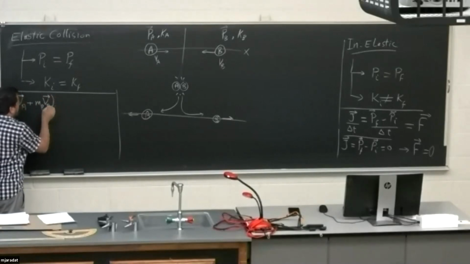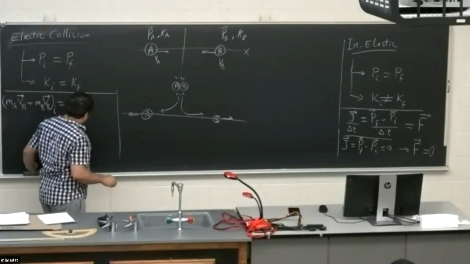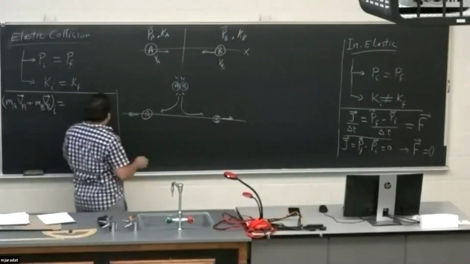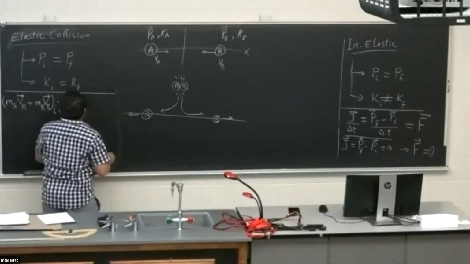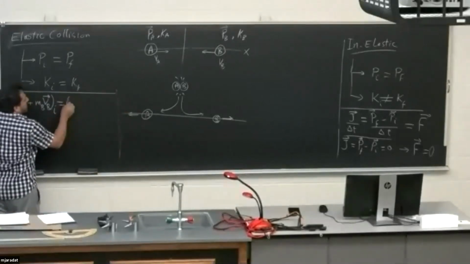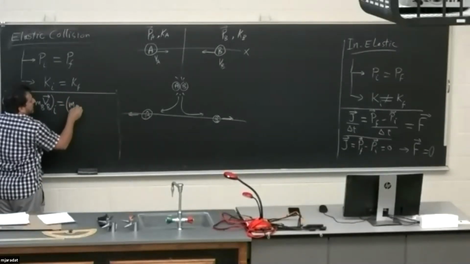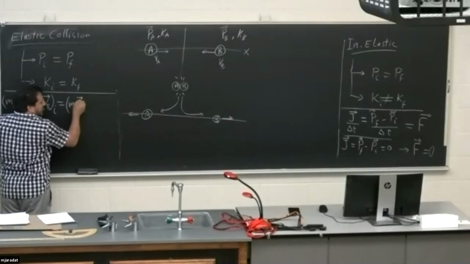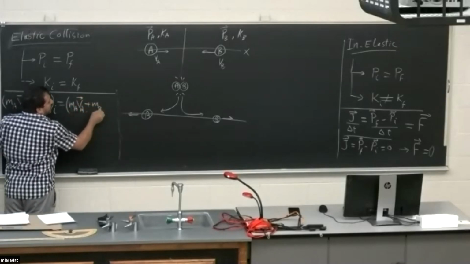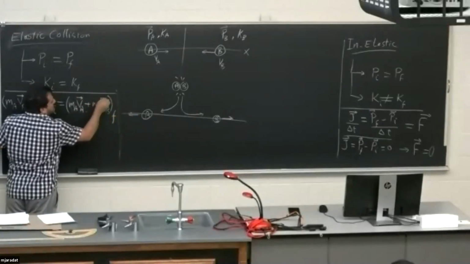All of this initially. This should be equal to the mass of A, MA, multiplied by the velocity of A as a vector, plus the mass of B, multiplied by its velocity, but all of this is final.